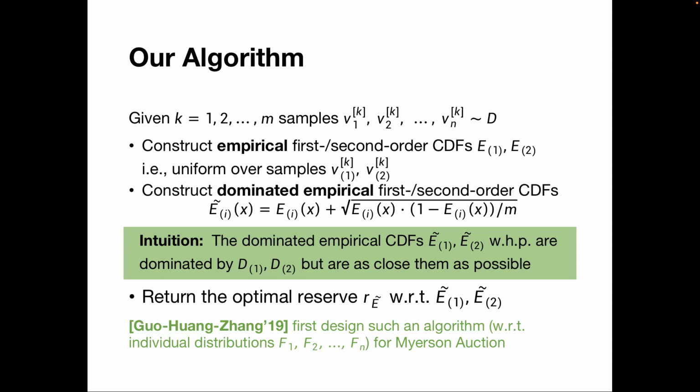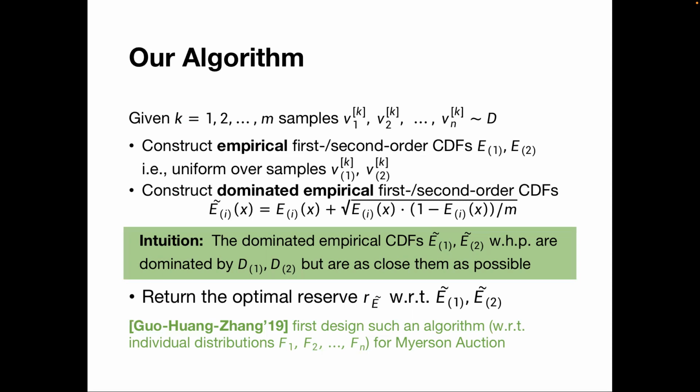The intuition behind these dominated empirical CDFs is that the original empirical CDFs are unbiased estimations of the actual value distribution. So it's an actual first order CDF and second order CDF. And by shading them by a small amount, with high probability, the dominated empirical CDFs are definitely dominated by the empirical distributions.